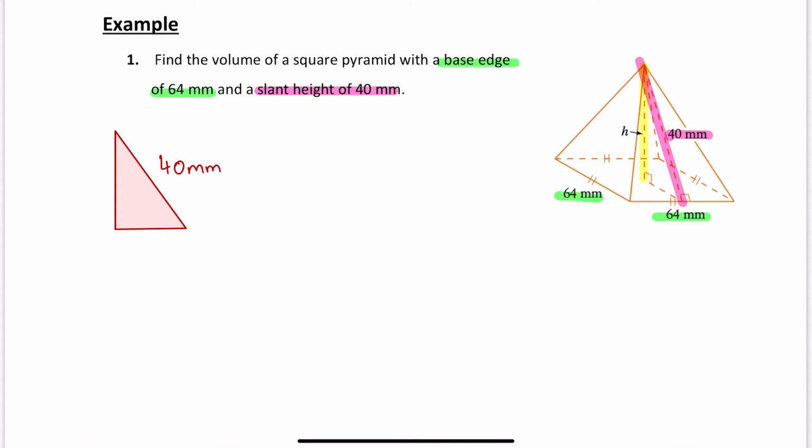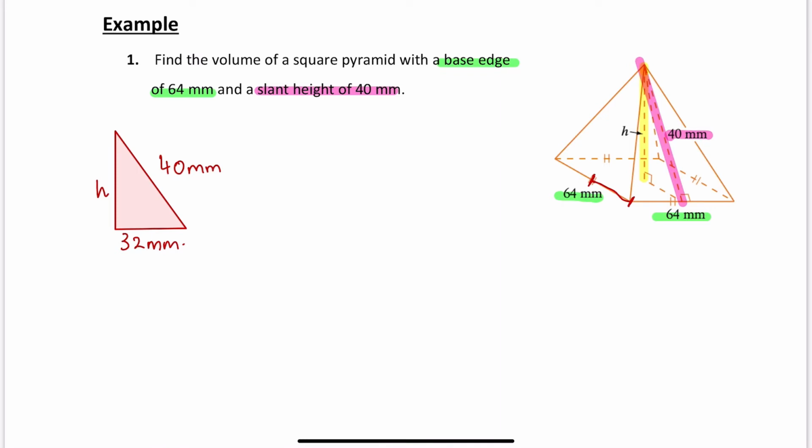The perpendicular height is here, and the base length is actually half of the entire rectangle. I mean the entire square. So it's from here to here, and half of 64 is 32. So we're going to do 32 millimeters here.